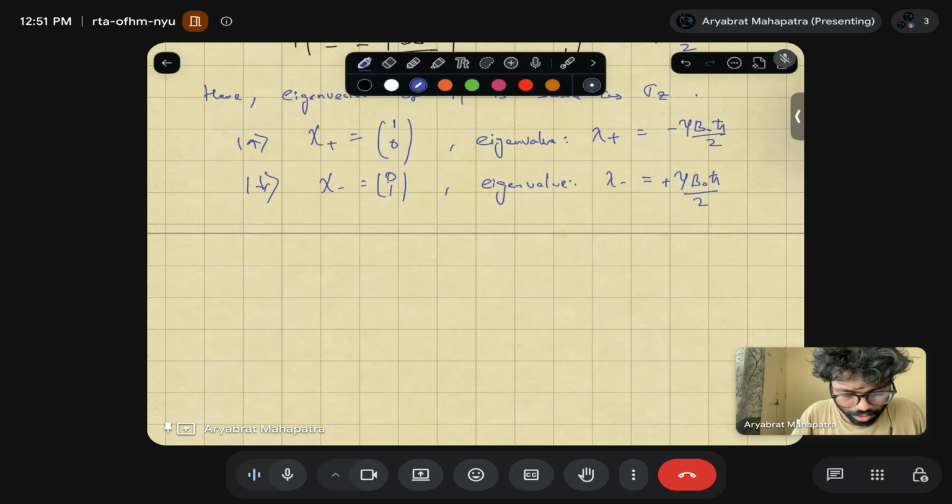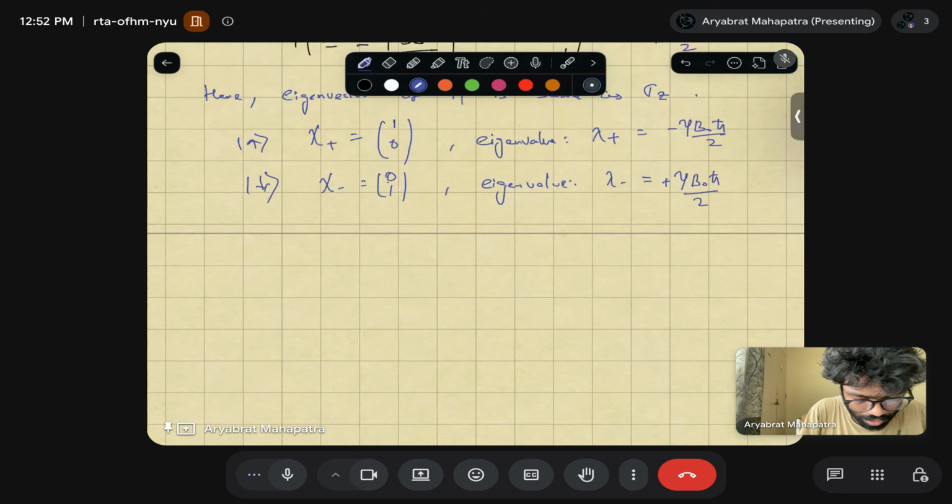From the time dependent Schrodinger equation, we have i h bar del chi by del t equals H chi. So what is chi?